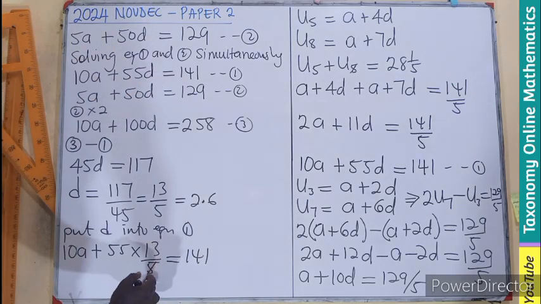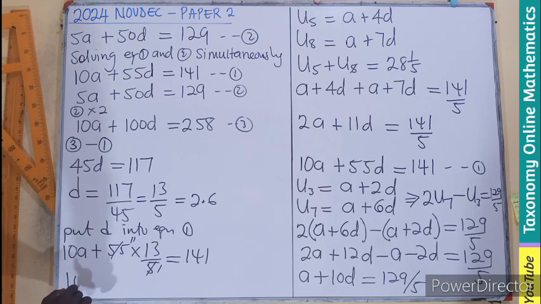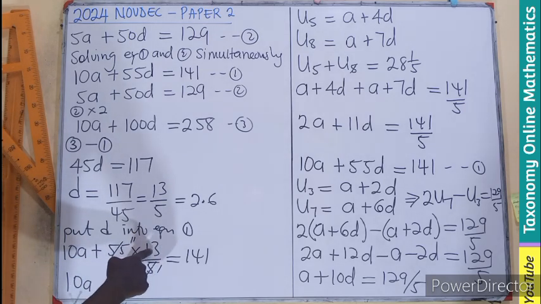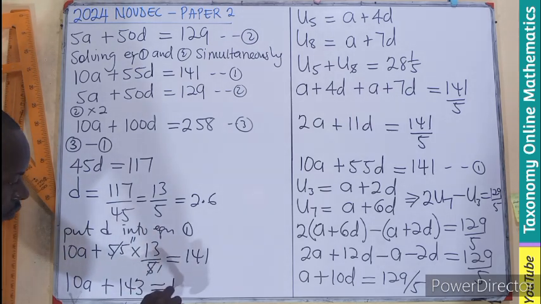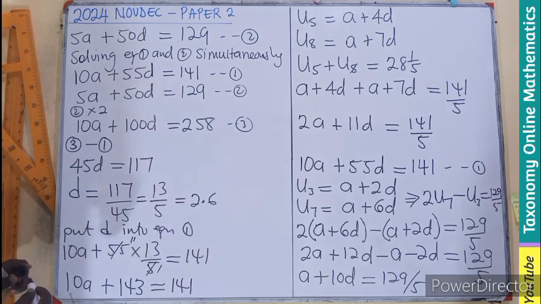I believe you know this will cancel. This will go here 11. So I should be having 10A plus 11 times 13. This is 143. The equation is 10A plus 143 equals to 141. The only unknown variable here is the A.